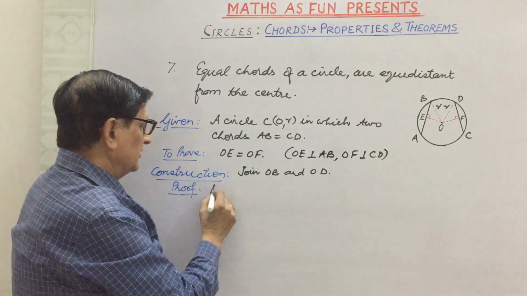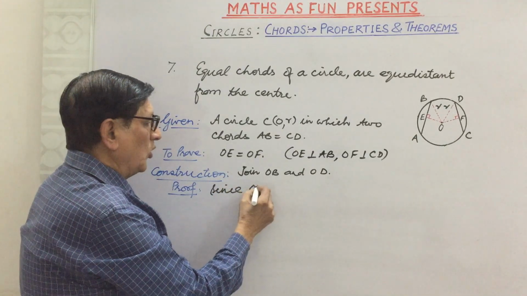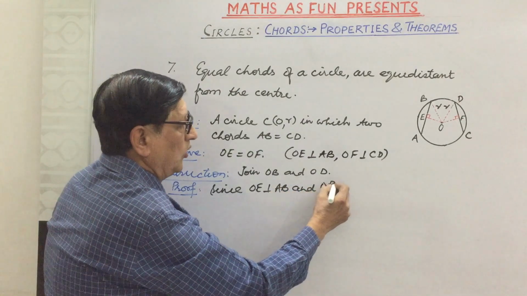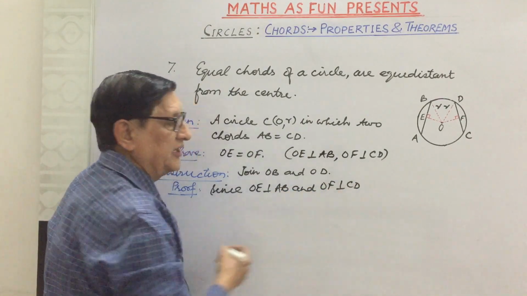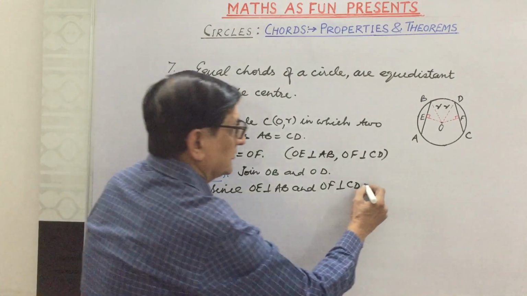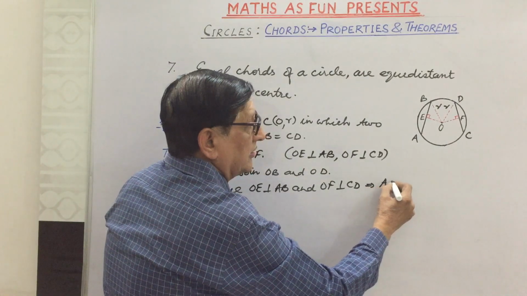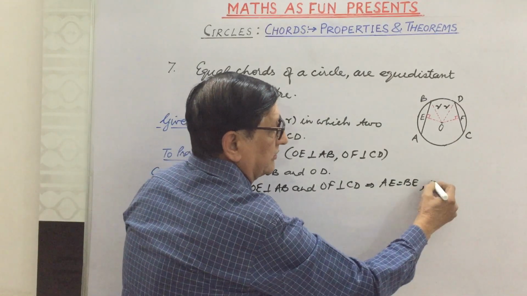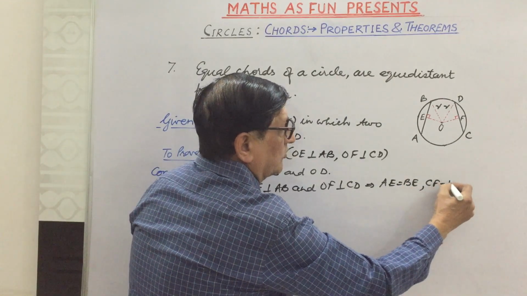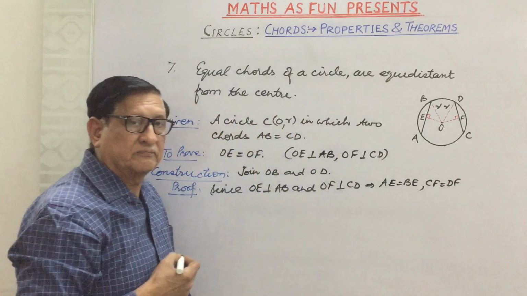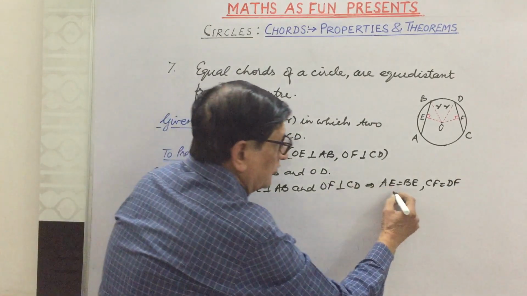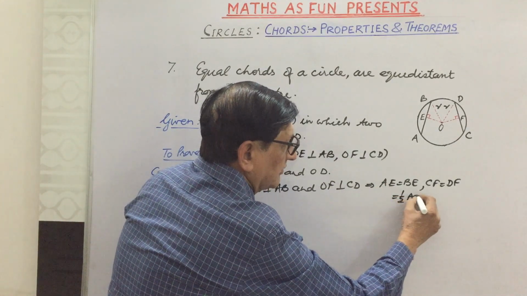So we can write, since OE is perpendicular to AB and OF is perpendicular to CD, this implies that AE is equal to BE and CF is equal to DF. And this will be equal to half of AB.